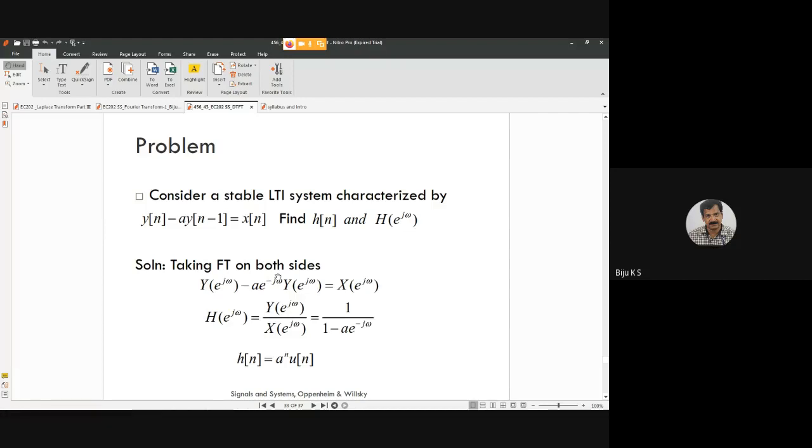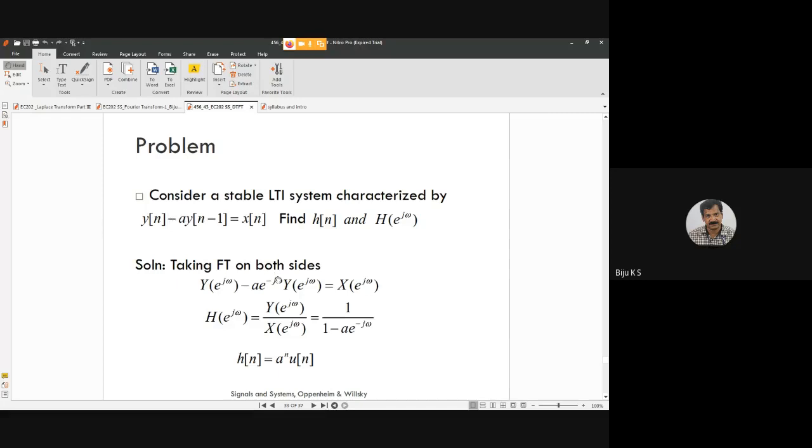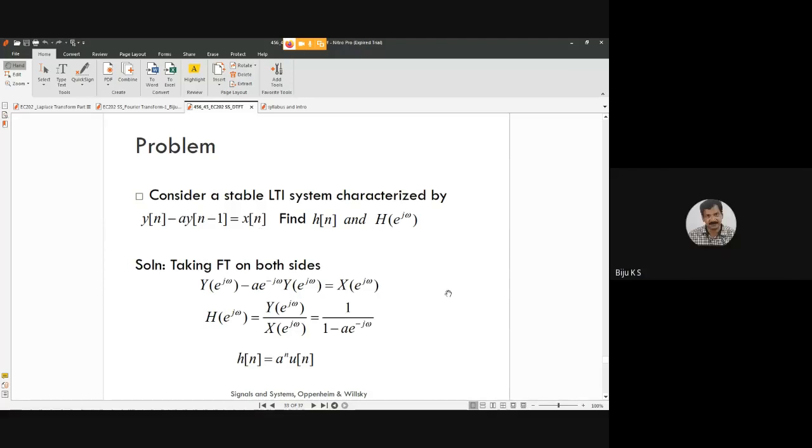Okay. So taking the Fourier transform of both sides, the Fourier transform of y[n] is Y(e^{jω}), and a into y[n-1], that is a delayed element, is equal to a constant a into e^{-jω} into Y(e^{jω}), because one delayed element is equal to multiplication by e^{-jω} into its Fourier transform Y(e^{jω}). And the right hand side is only X(e^{jω}).